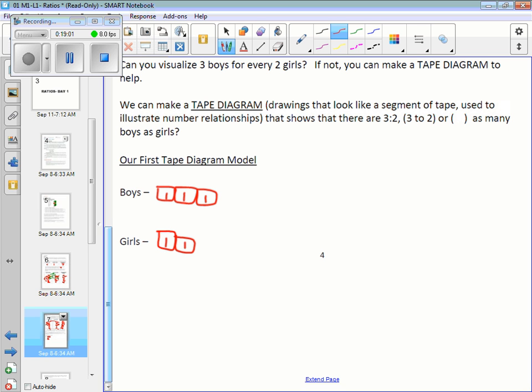I want you to make another tape diagram, 3 boxes by 2. But this time, I'm going to tell you that each box is worth 2. So fill it in.